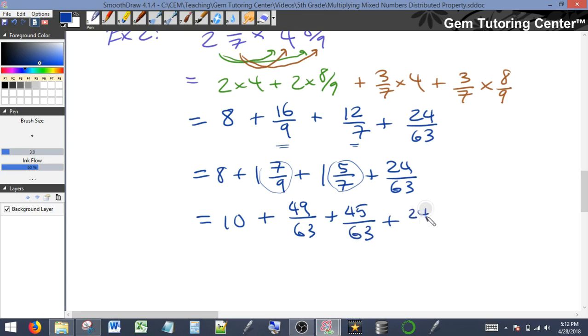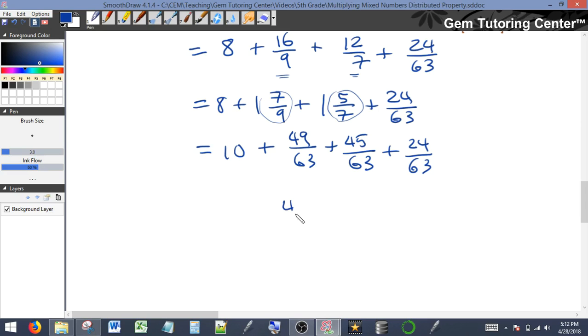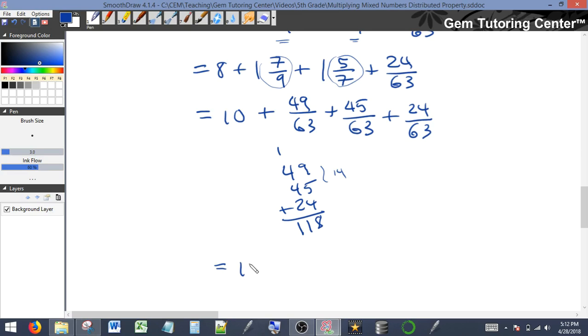And then plus 24 over 63. So let's add 49, 45, and 24 together, see what we get. 9 plus 5 plus 4 is 18, carrying the 1. 1 plus 4 is 5. 5 plus 4 is 9. 9 plus 2 is 11. Okay, so we get 10 and 118 over 63.